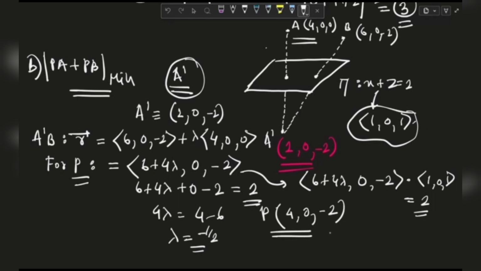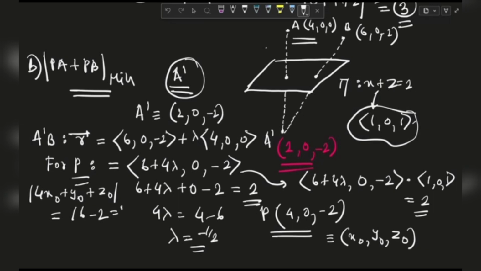And I guess P was given as x naught, y naught, z naught. So we had to find out two values. One is mod of 4x naught plus y naught plus 2z naught, which comes out to be 16 plus 0 minus 4, which is 12.